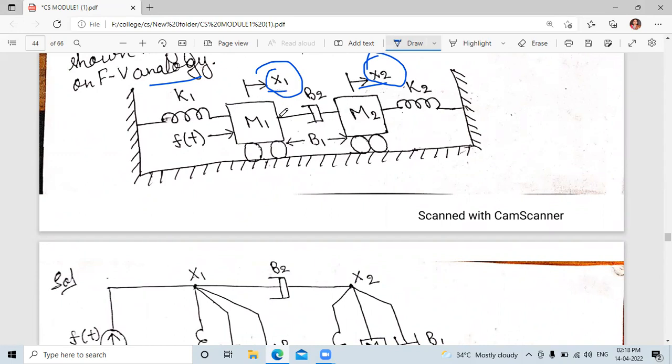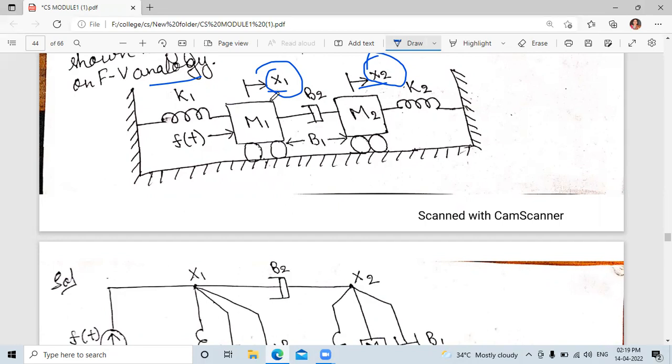You can observe that between M1 and M2, B2 is there: one end is connected to M1, another end to M2. B1 is connected at one end to both M1 and M2, and its other side is connected to ground.